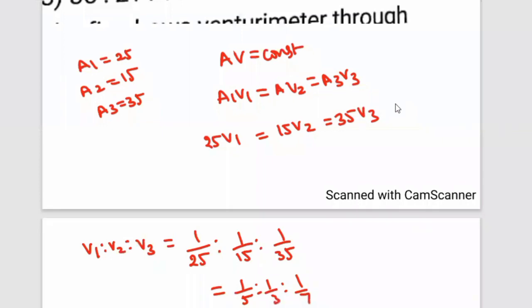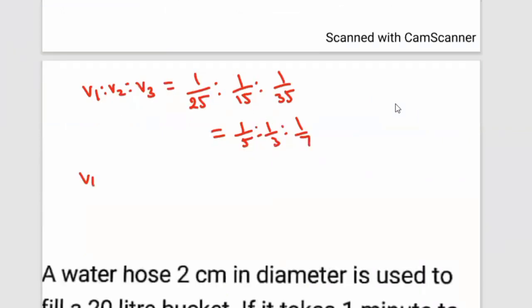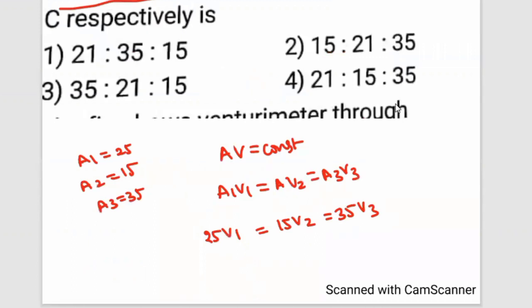So then if you take LCM, V1 is to V2 is to V3 is equal to 21 is to 35 is to 15. Option 1 is correct.